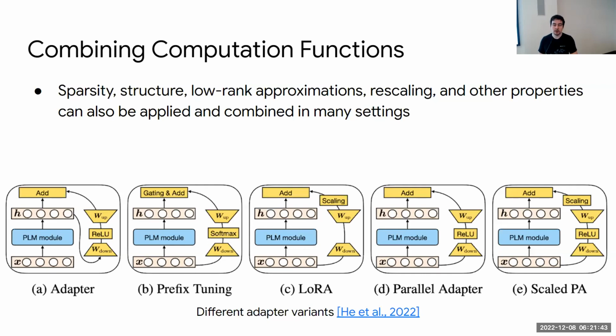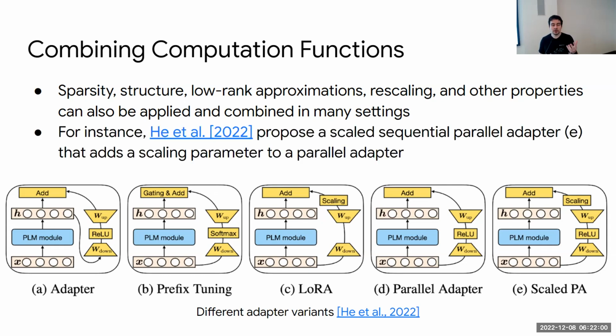Again, all of these concepts can be combined. In particular, some of these high-level ideas like sparsity, structure, rescaling, or low-rank approximation are quite generally useful, composable and combinable in practice. He et al., for instance, also highlighted different variants of adapters that so far have not been very well explored, such as the parallel adapter.